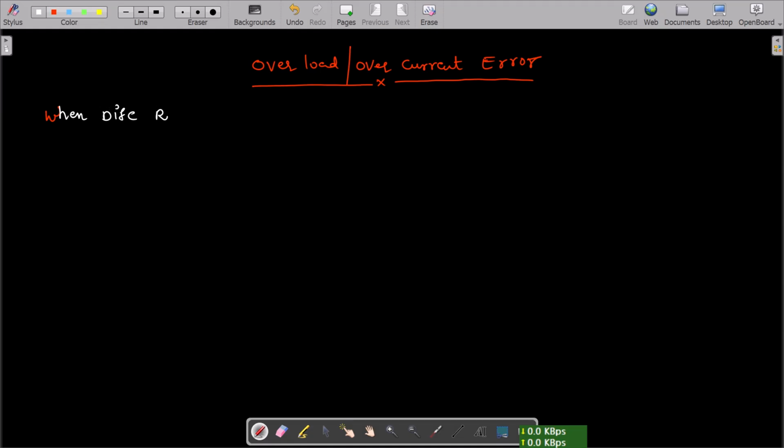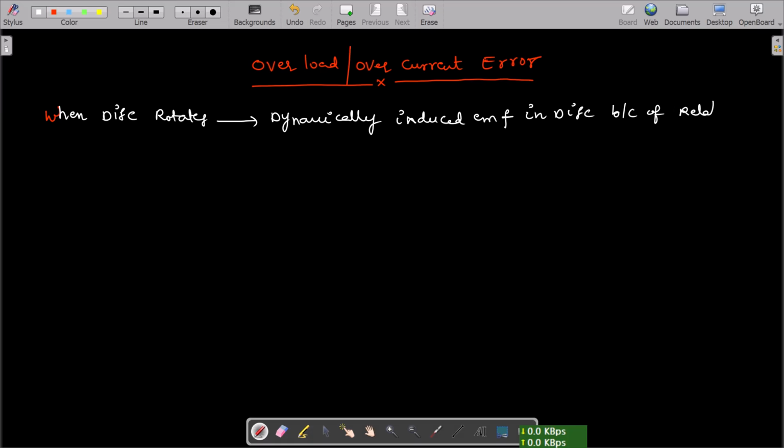When the disk rotates, then dynamically induced EMF appears in the disk because of relative motion between the disk and the series magnet flux.